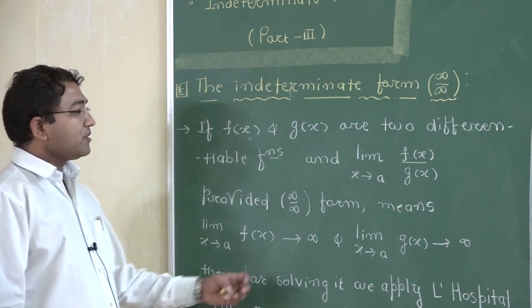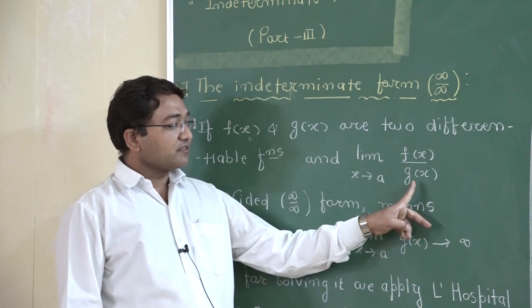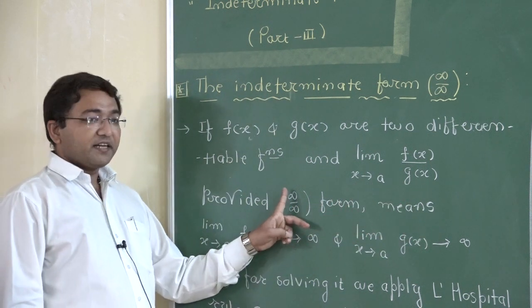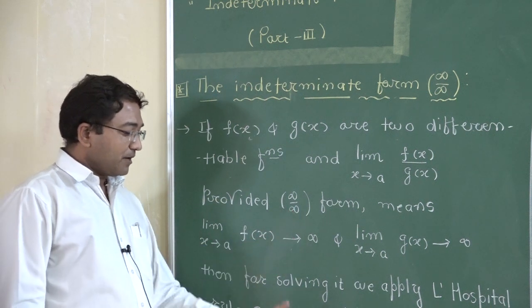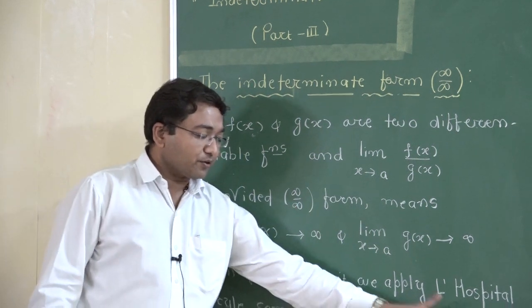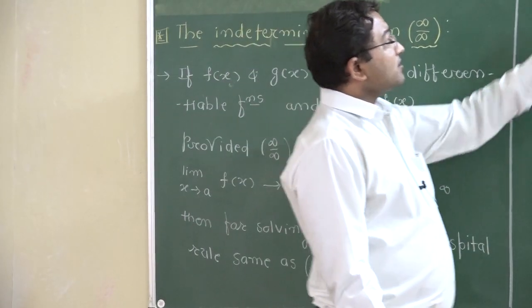So the calculation of limit x tends to a f of x upon g of x gives the form infinite upon infinite, and in a similar way we evaluate it by using L'Hospital rule. So see in the example how this method will work.